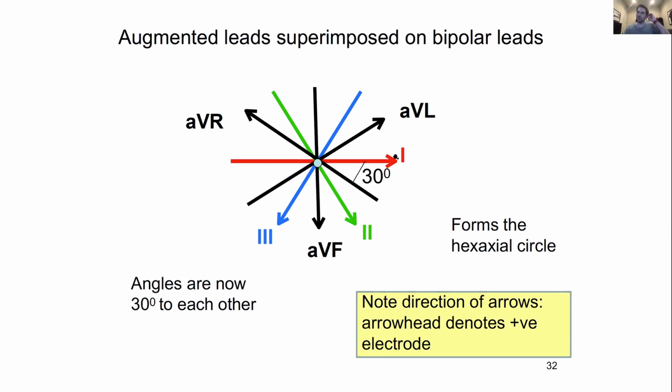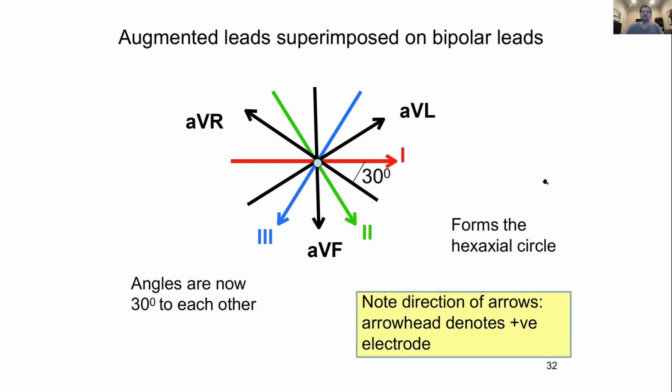When you do 1, 2, and 3, start with straight to the right on the x-axis, go 60 degrees to 2, that's the arrowhead, and do another 60 degrees to 3. The opposite point past the center is going to be the negative line. And when you do the limb leads, wherever the limb is, so the foot, arrowhead, the right arm in the patient, arrowhead, left arm, arrowhead.